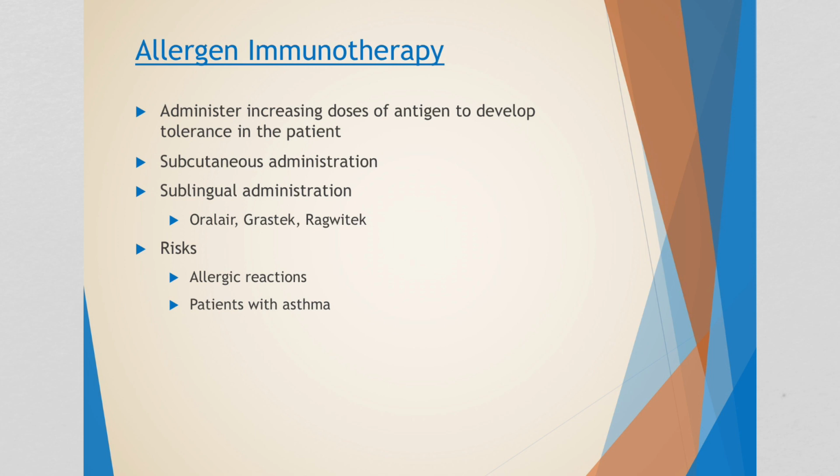So we want to reverse that. And so what we'll do in allergen immunotherapy essentially is expose the patient to small doses of the allergen over time to allow the body to respond. And we increase the dose of that allergen every month, etc., until that patient actually gets used to it or develops a tolerance to the actual allergen.